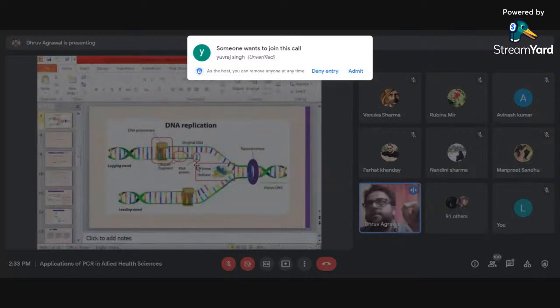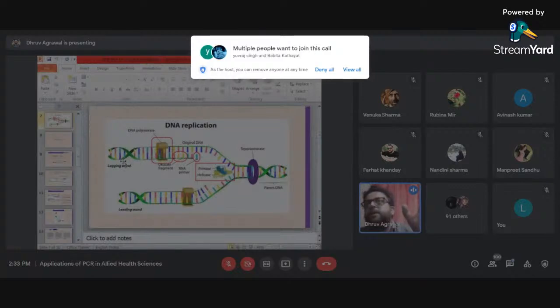Now this DNA polymerase enzyme will come and bind at the free 3' OH end of the primer, and it will start synthesis of the strand in the 5' to 3' direction, right? Meanwhile, it collects the nucleotides from the surrounding environment and keeps on putting them, added on a complementary basis.